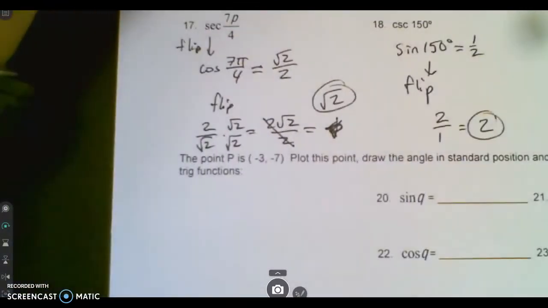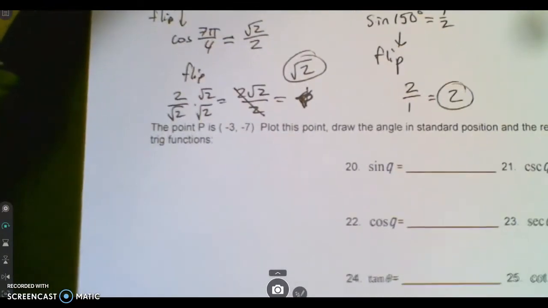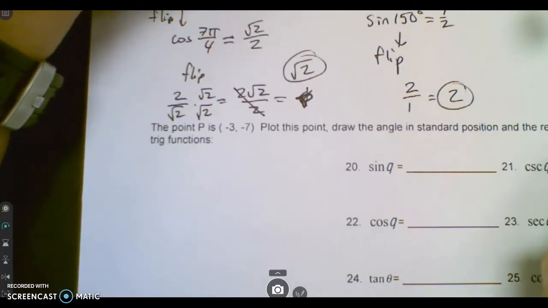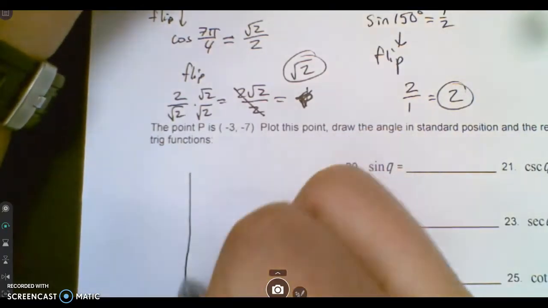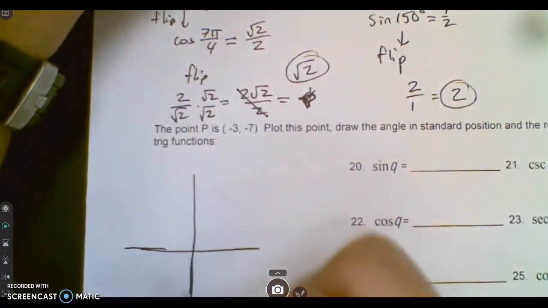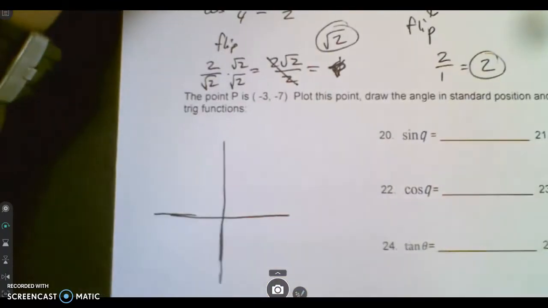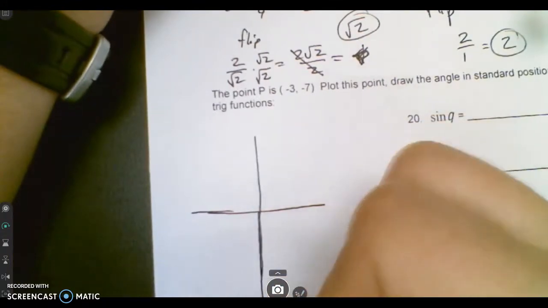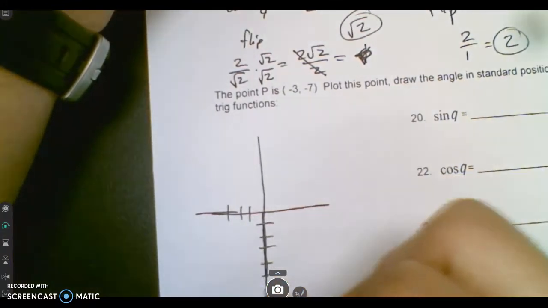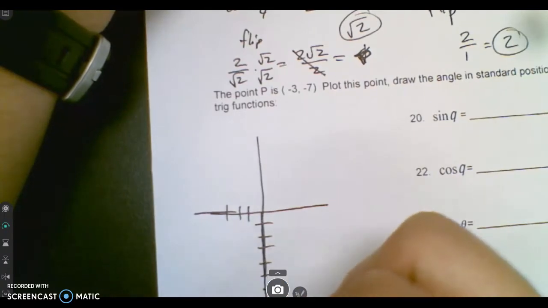Alright, so this one, we did this a while ago. It says point P is negative 3, negative 7. Plot this point, draw the angle in standard position and resulting right triangle. So we did this a while back. You draw this angle, so we're going to go negative 3, negative 7. So it's going to be down here somewhere. 1, 2, 3. Boom.